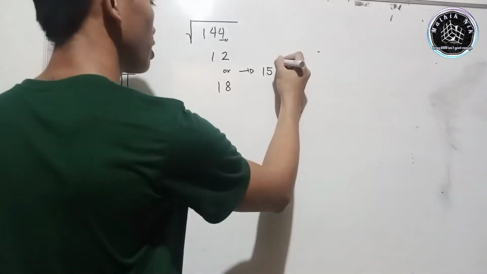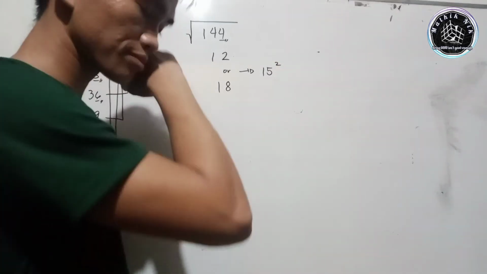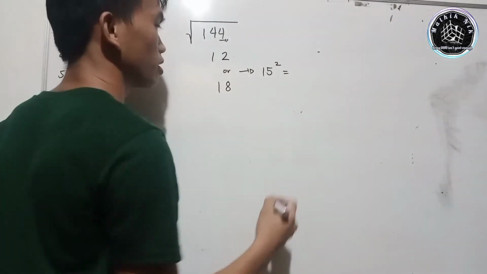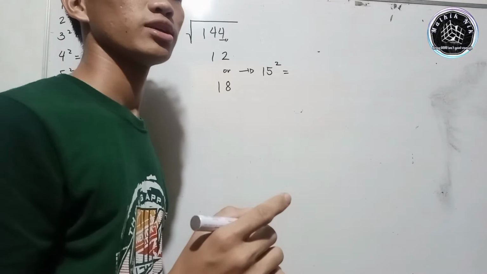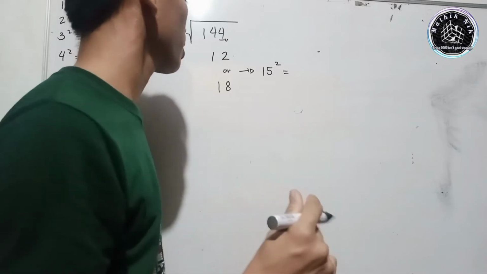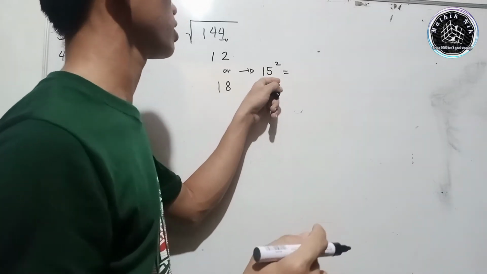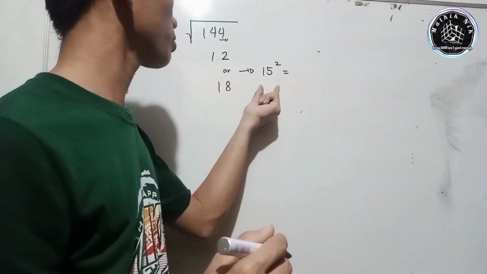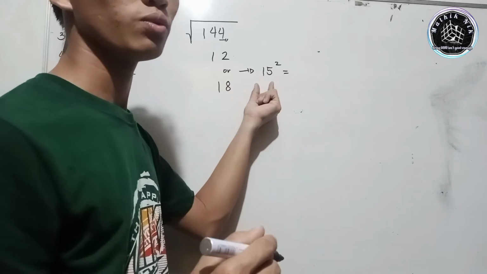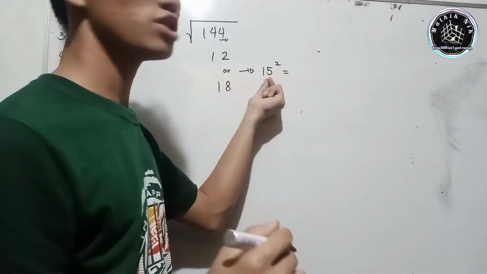When squaring 15, by the way, there is a shortcut here in multiplying 15 by any two digit number whose last digit is 5.